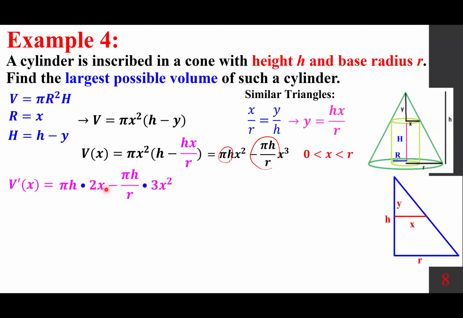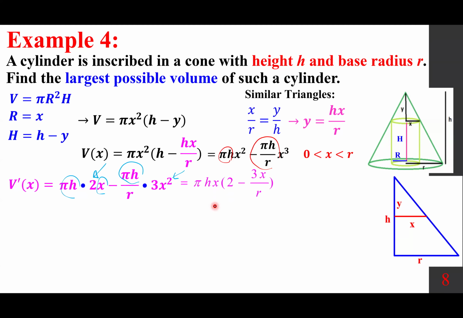Pi h and x is in common. If I take pi h x, this one and this one out, this one gives me 2. If I take this one and one of this one out, I get 3x over r with a negative. So I'm factoring pi hx out.